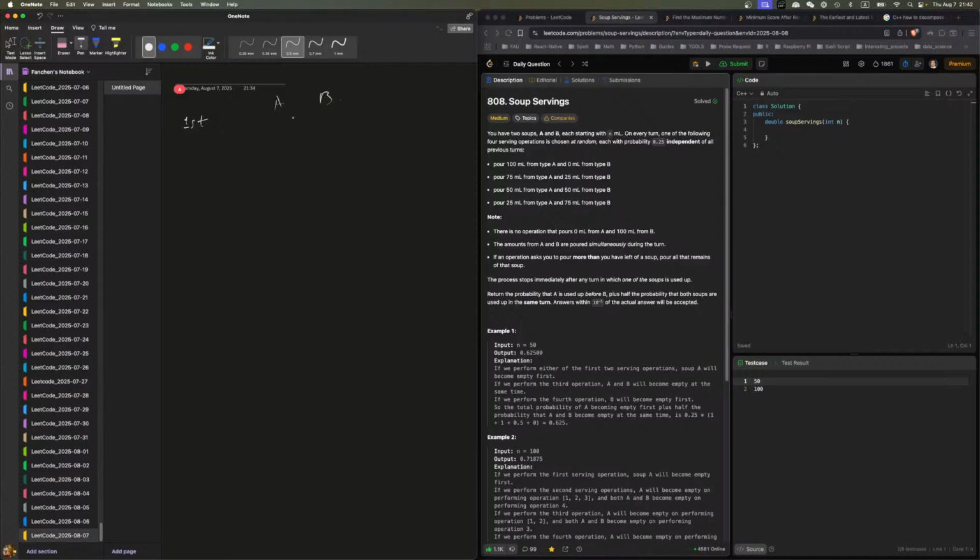How many we can get them to be equal. And then you add this, you add this, you add this, you add 4 of them, then you have the total number of ways that A can. What's the total number of ways? I don't even know the total number of ways.